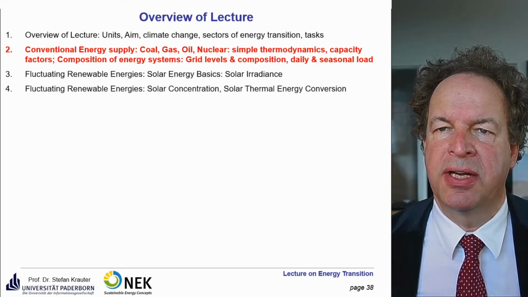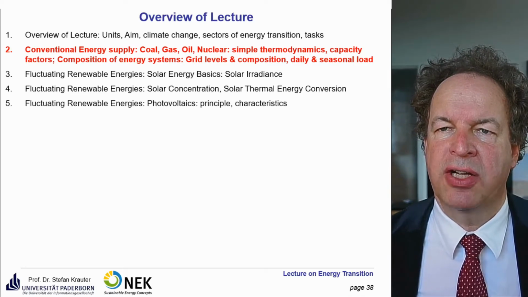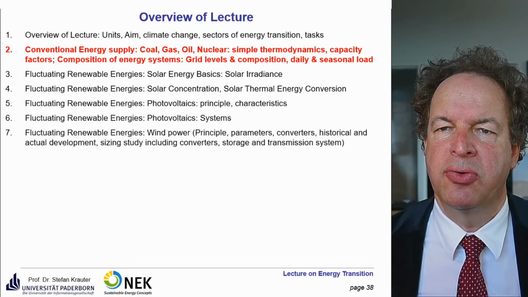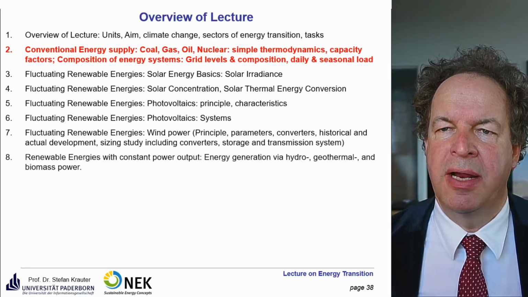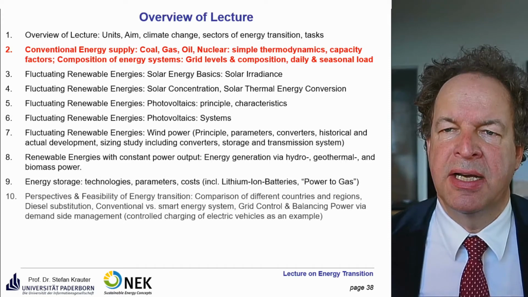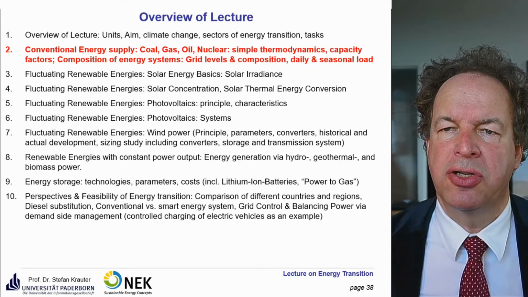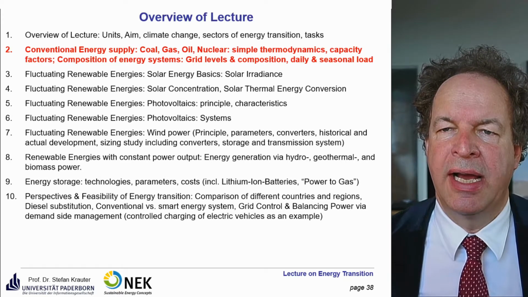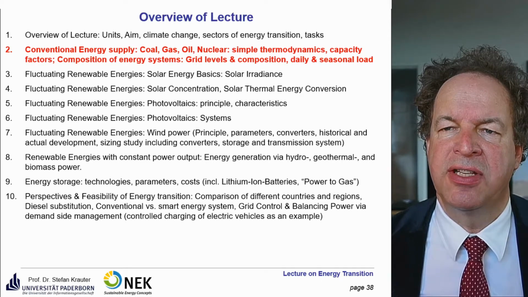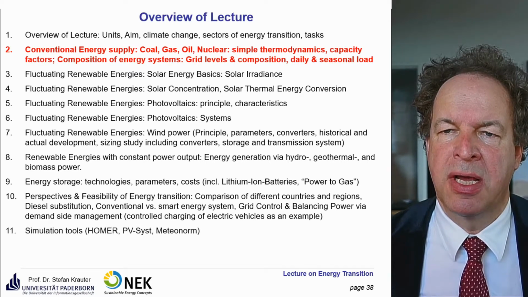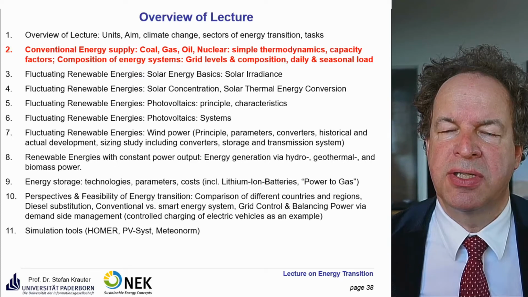We have the use of first fluctuating renewable energies, then non-fluctuating renewable energies, then storage technology, and then the combination of all, and perspective and feasibility of energy transition. We'll discuss some simulation tools, and finally we'll do an excursion.